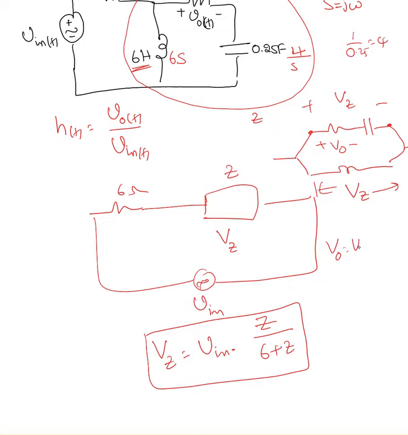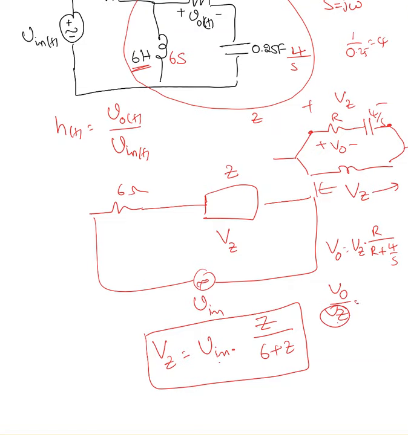V naught equals V of Z times the same impedance over R plus this value, 4 over s. So V naught over V of Z, and this V of Z already had V in. So you can get the transfer function from the final equation.